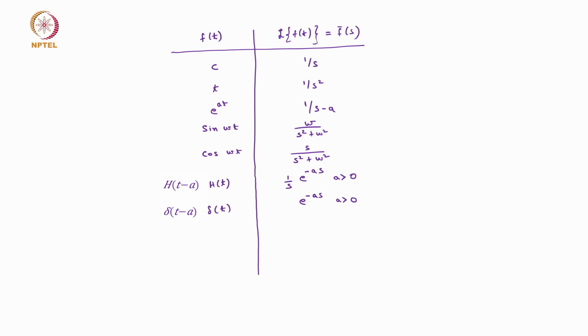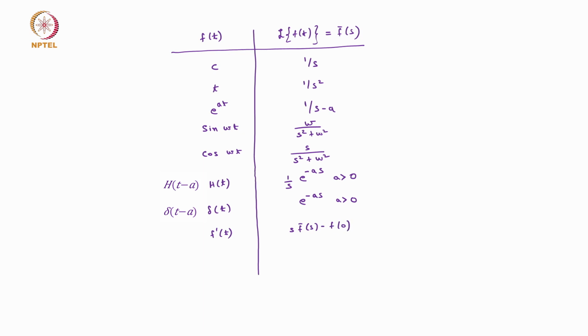So, these are the normal functions, but we will also look at what happens if you are looking at a derivative of a function. So, the Laplace of f dash of t, which is the first derivative of the function f of t, is given as s times f of s minus f of 0.